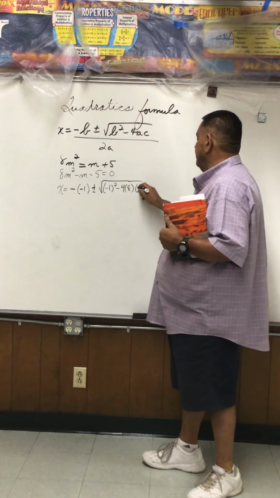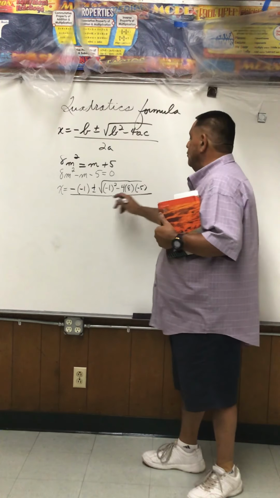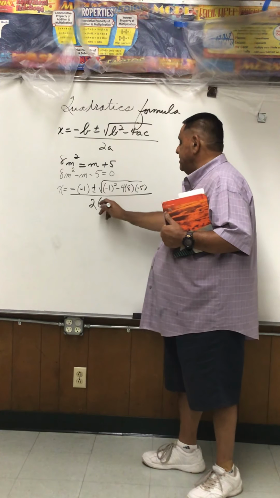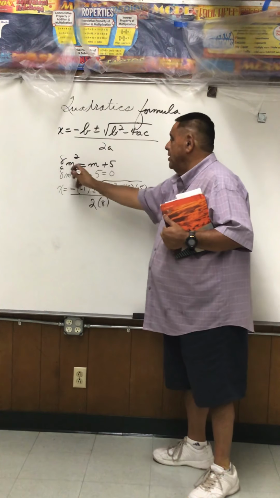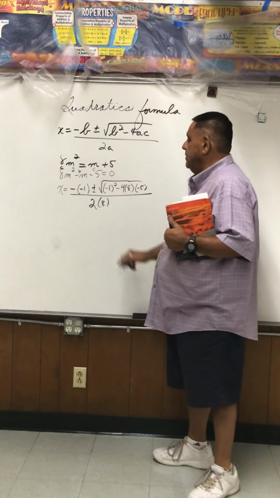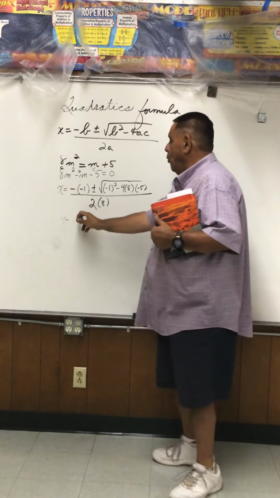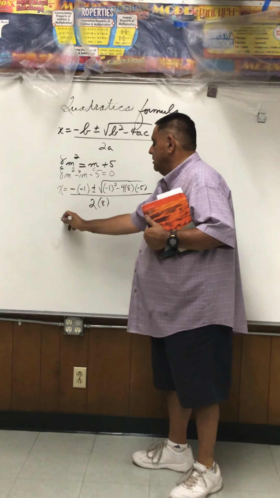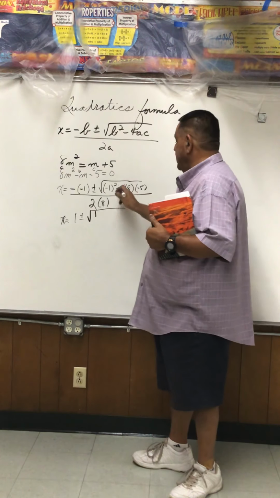All of this is over 2, and a is 8. All right, so you have your a here, you have your b here, and you have your c here. Remember that this is a negative 1. All right, so we have x is equal to 1 plus or minus the square root of, let's see, we get 1.